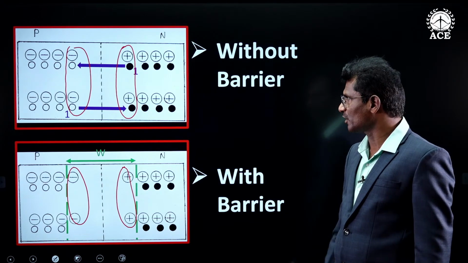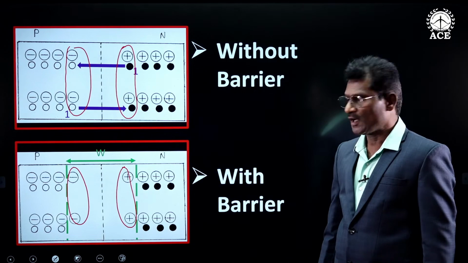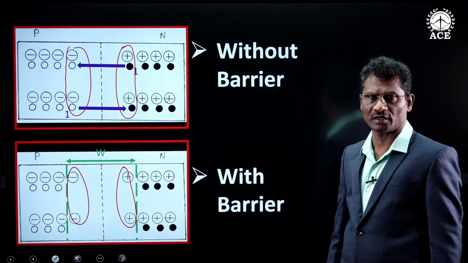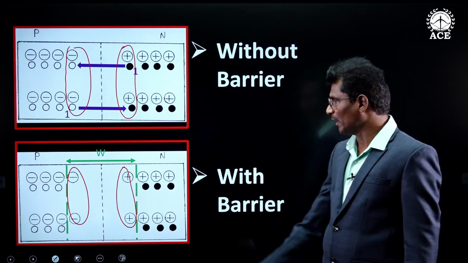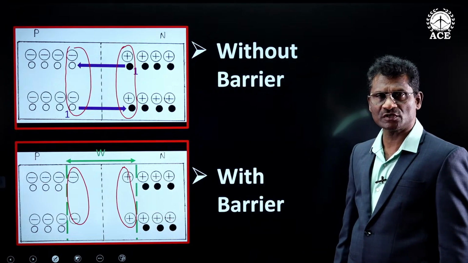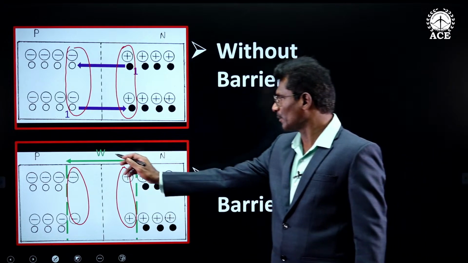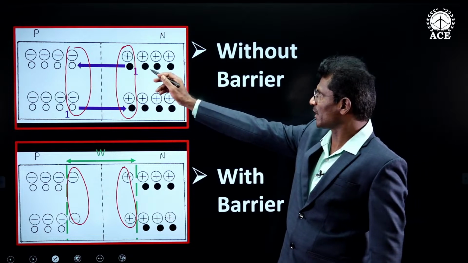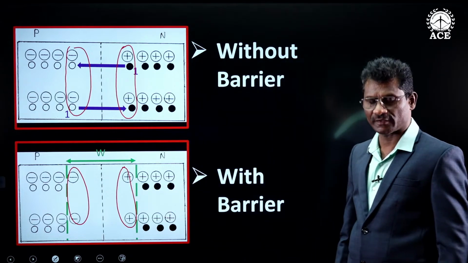It can be observed that due to electron-hole pair recombination, at the center positive and negative ions got created which oppose further diffusion. And the central positive and negative ions which are opposing further diffusion are given the name barrier. W is called width of barrier. So this diagram is without barrier and this diagram is with barrier.